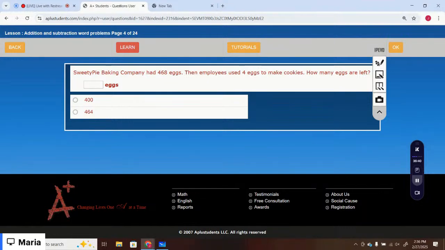That is 464. You have to subtract. Option number 2 is the correct option. Very good.